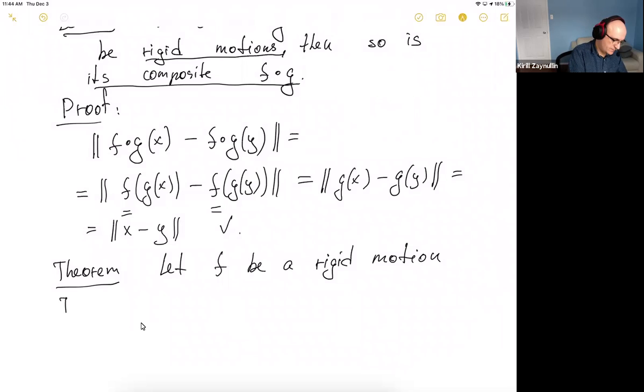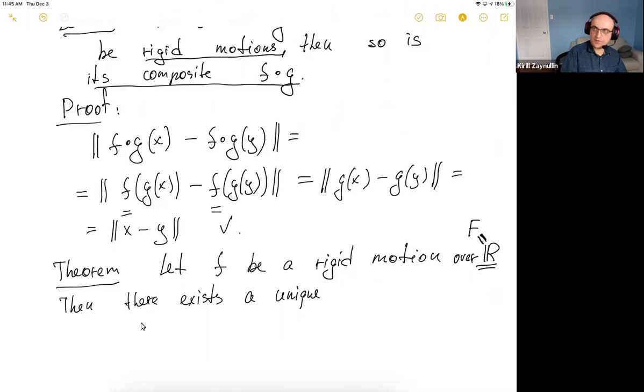Then there exists a unique orthogonal operator. Since we are talking about orthogonal, you probably suspect that I have to choose the field F to be R. So let F be a rigid motion over R. So this is our field.